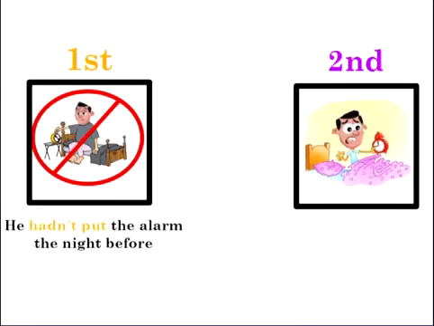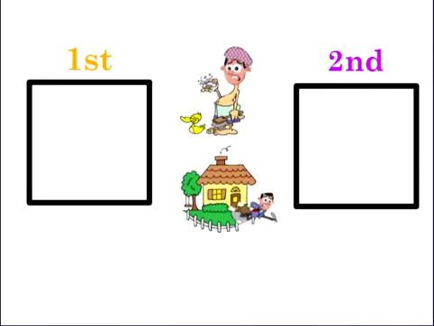He hadn't put the alarm the night before, so he woke up late. Again, using the grammar of the past perfect, he hadn't put the alarm the night before, so he woke up late. Notice my second action is in the simple past.